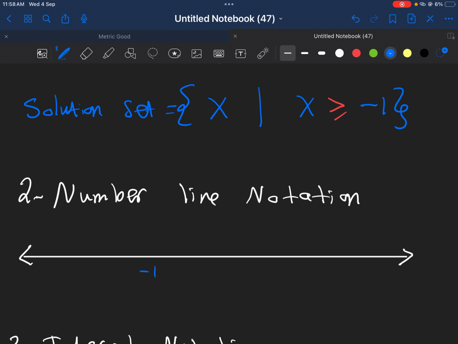Of course, it is this side. So we shade them. Okay. And exactly at negative 1, what is going on? Is it included? The answer is yes, because it's greater than or equal. So I will write it down and I will make it bold like this.